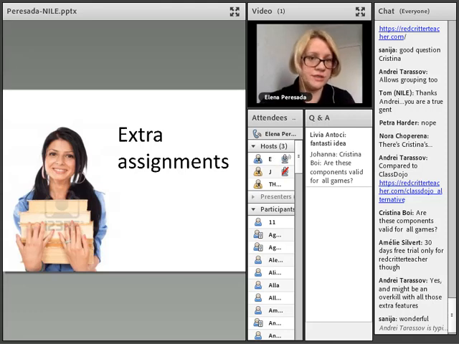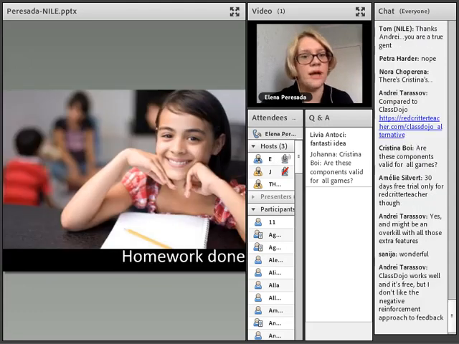And if they were not at the lesson, that meant that they couldn't get all the points that other students could get during the lesson. So they started coming up to teachers and asking for some extra tasks to do, just not to lag behind and to keep up with the group. And all homework was done, so everything was perfect.